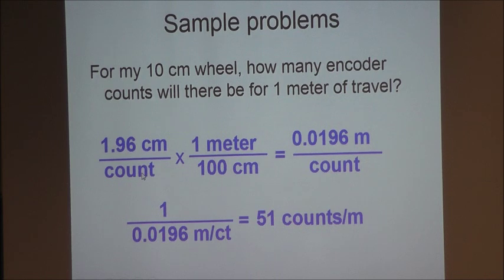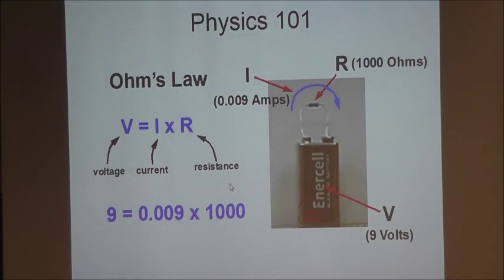In this case, we have 1.9 centimeters per count, which we calculated before in part 1. We have 1 meter for every 100 centimeters, so that becomes 0.019 meters per count. And if you invert it, you get the number of counts per meter: 59 counts per meter. For every meter, the encoder will have 59 counts for you.